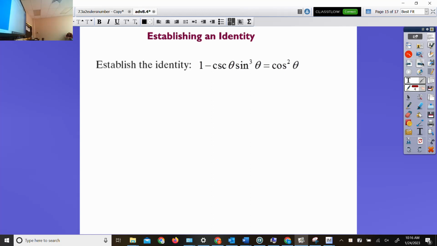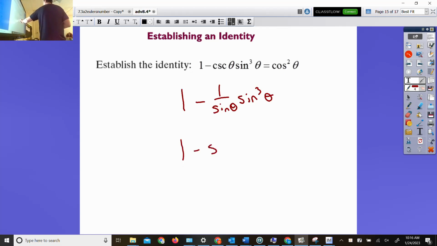Cosecant is 1 over sine. This one will actually be pretty short. It's almost done. 1 over sine cubed and sine squared. All right, Brody's done. He understands this. And then you finish, now you look at your back of the identities. Well, it is 1 minus sine squared, cosine.